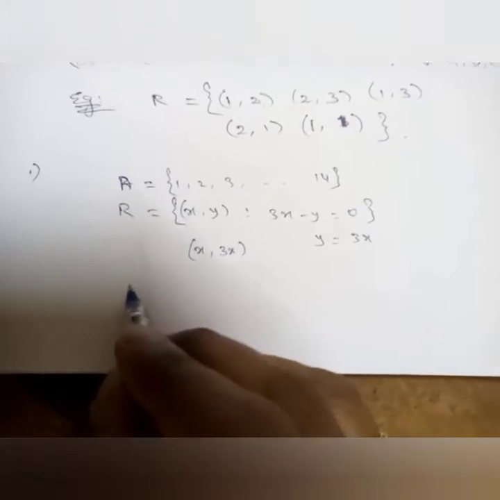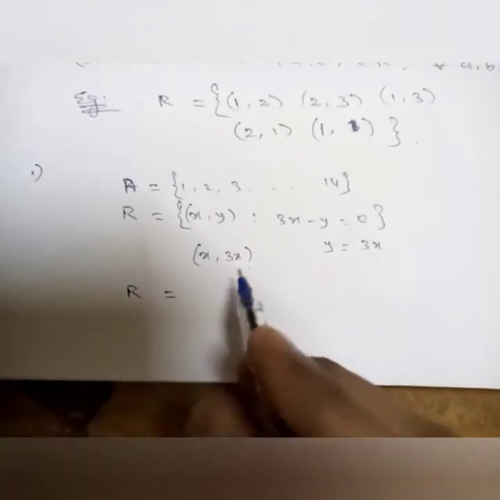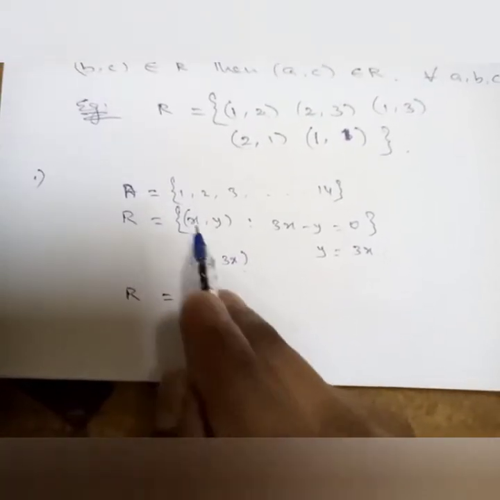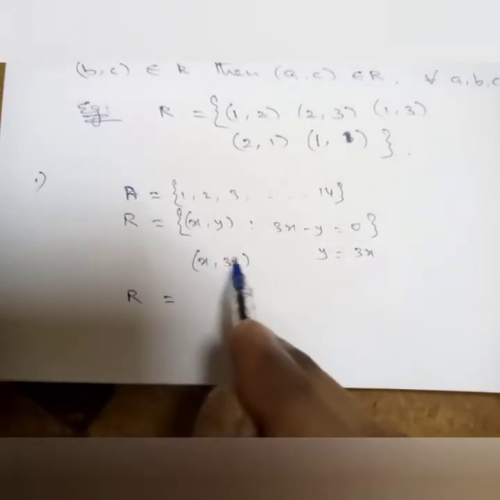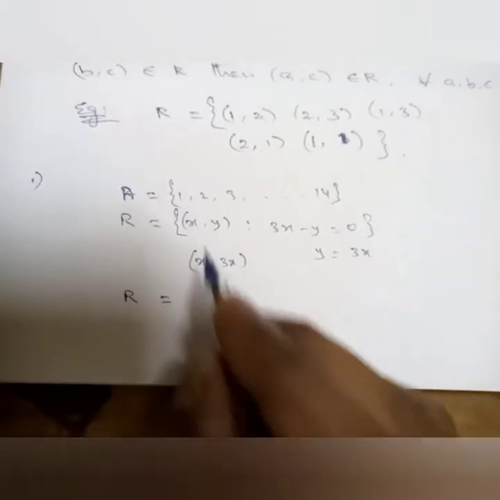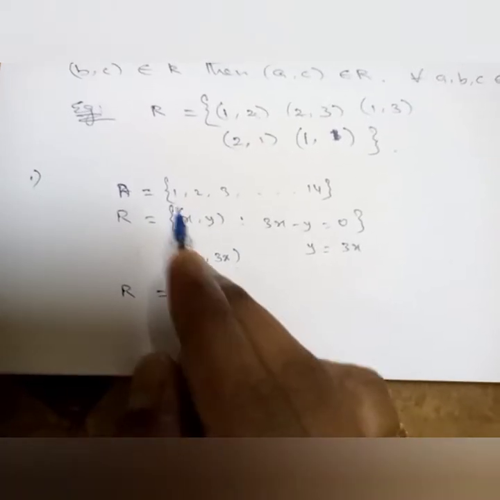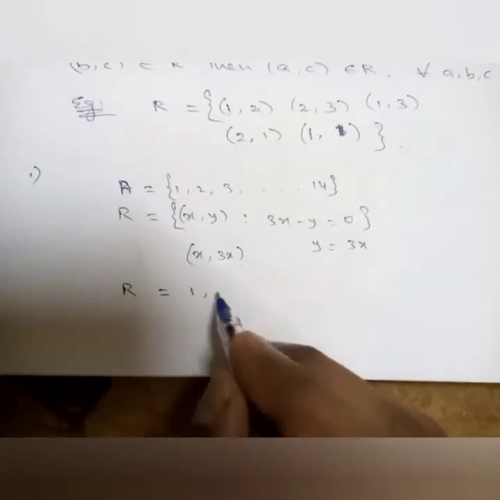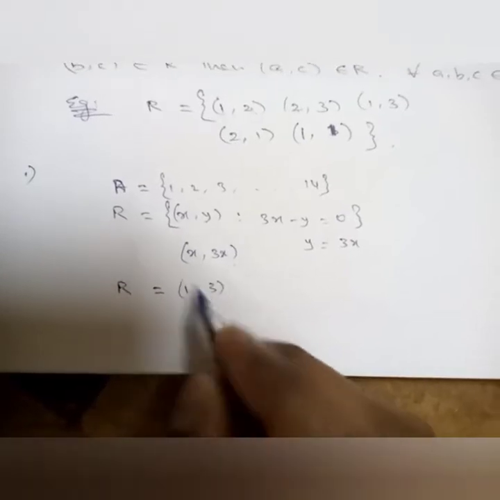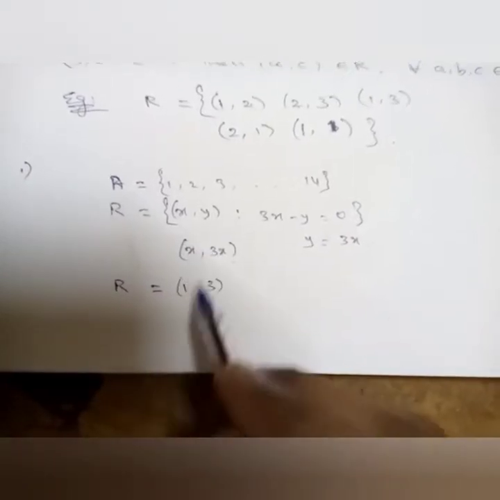Okay, now we can write this R. If x value is 1, then what will be this y value? 3, correct? So this R can be, first one, x value 1, then this y value is 3. So this R set may be (1, 3).